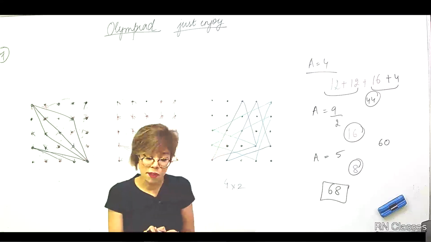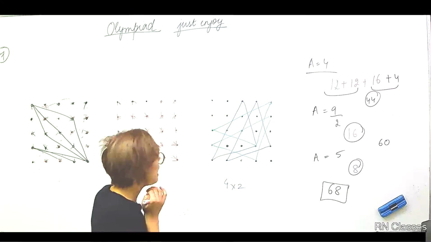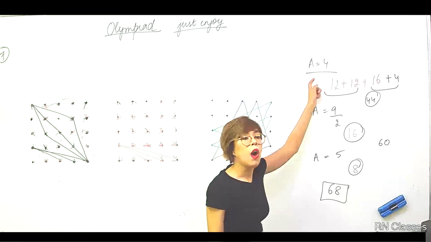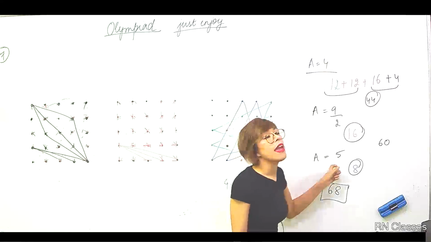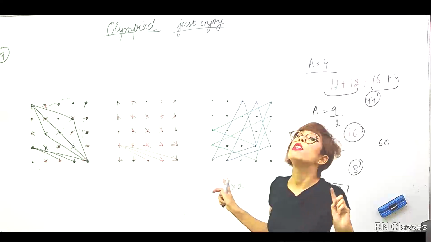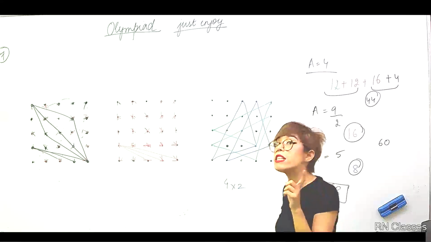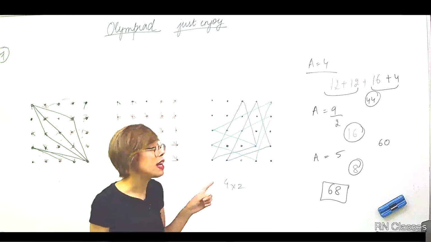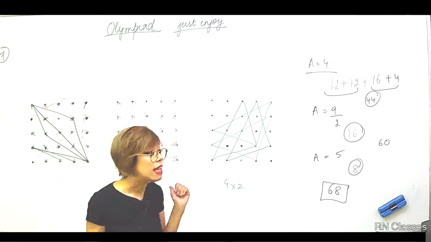Wow, so it's not matching up. Right, so there are 68 isosceles triangles whose area is either 4 or 9 by 2 or 5 in a 5 into 5 array of equally spaced points. Mind it, the answer is not that important as the process is.